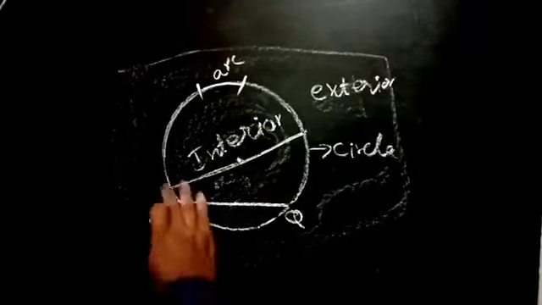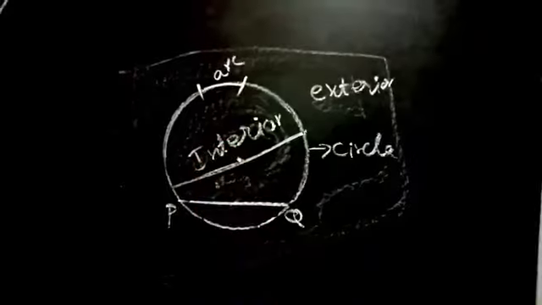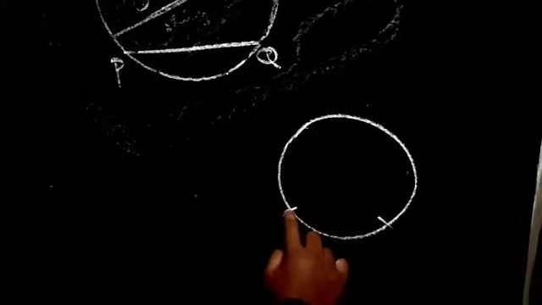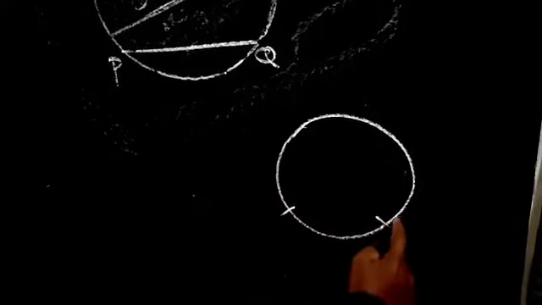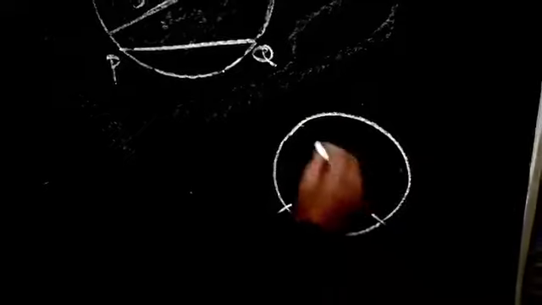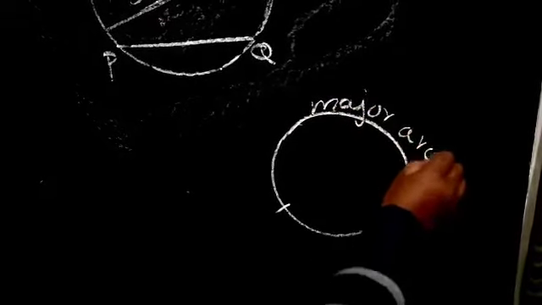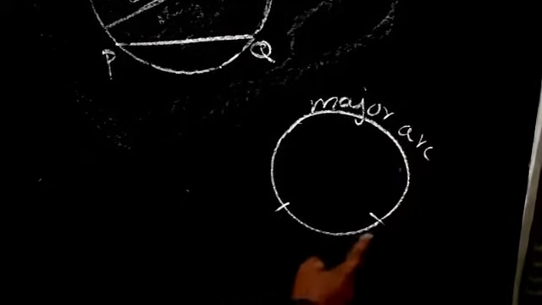If we take a major arc, from here to here in a circle, this is the biggest arc. It is called a major arc. The small one is a minor arc.